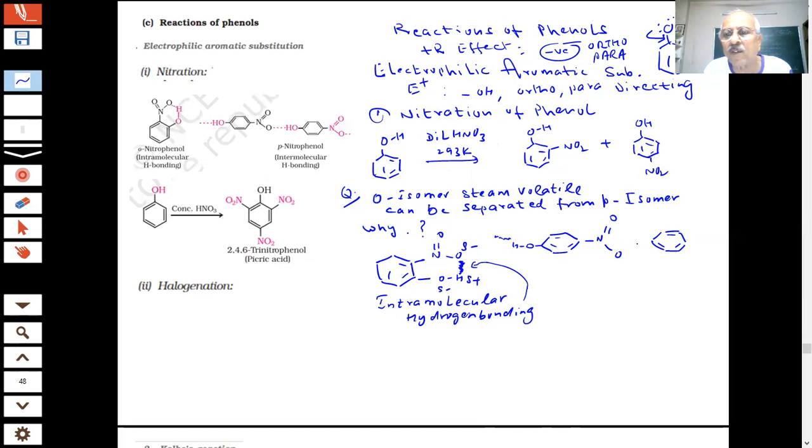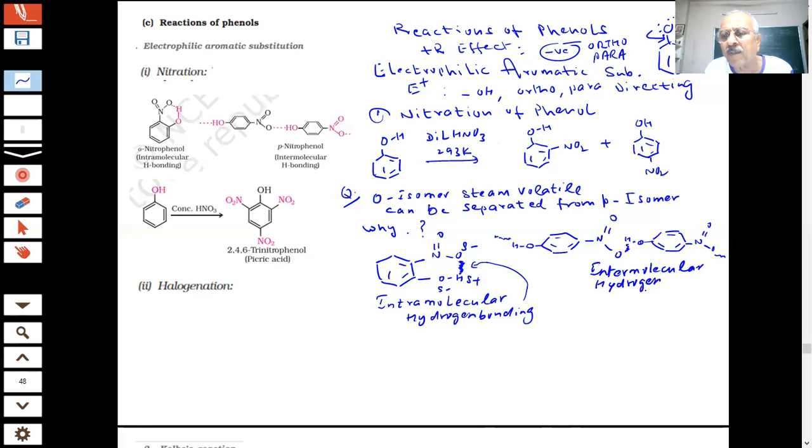This is our nitro group, OH. You see the OH, this is our N. And what happens here? You can see oxygen and hydrogen. They will form intermolecular hydrogen bonding.